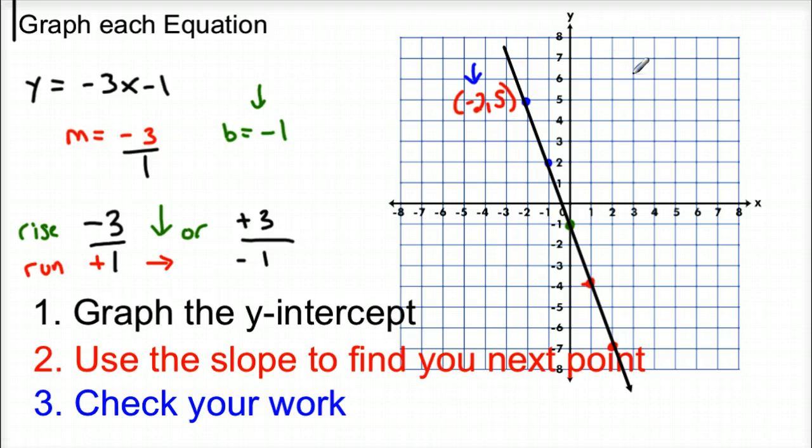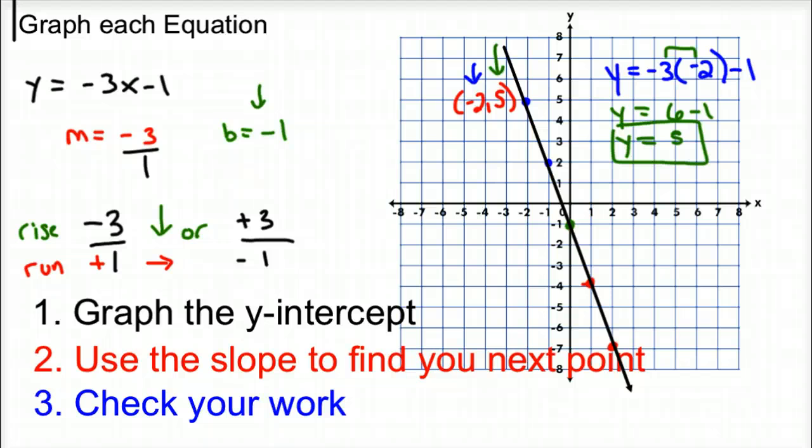Let's input -2 into our equation. y equals -3 times -2 minus 1. If all goes well, when I solve this, I should get an output of 5. So y equals -2 times -3 is positive 6, minus 1, which equals 5. y equals 5. So here we are, we got that correct.